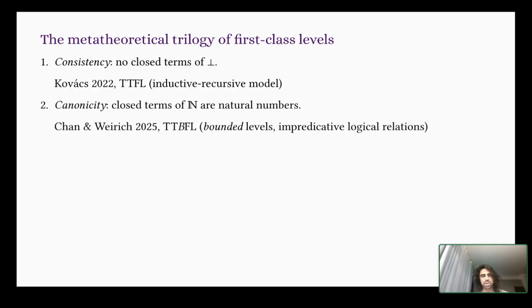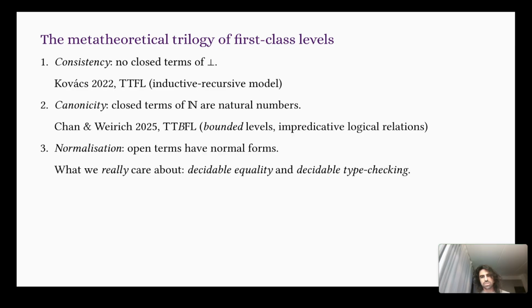And so the remaining question is normalization. So this is a property that's important from the point of view of implementation. So if you're writing a proof assistant, you would like to know that it's possible to write a proof assistant in the sense that the type theory that you're trying to implement has decidable type checking.